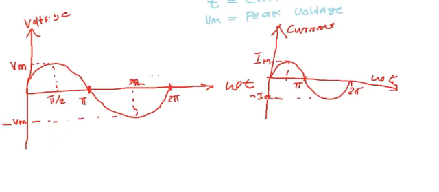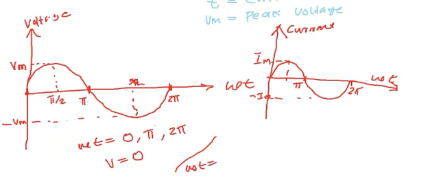One important thing to notice is that at omega t equal to 0, pi, 2 pi, the value of V is 0, and at omega t equal to pi by 2, the value of V is maximum, Vm, and at the other peak minus Vm.